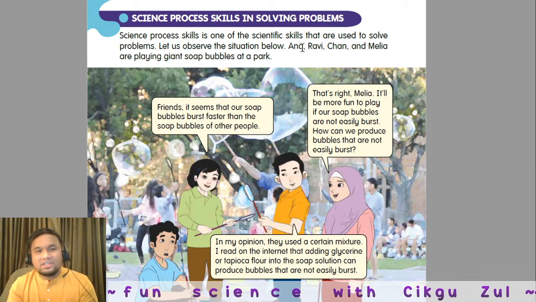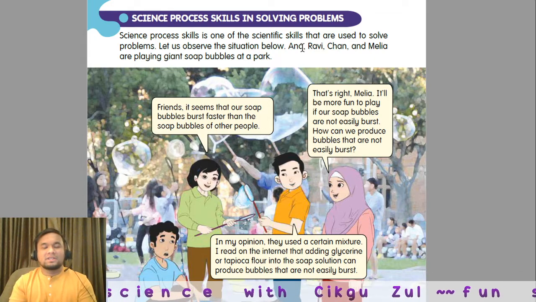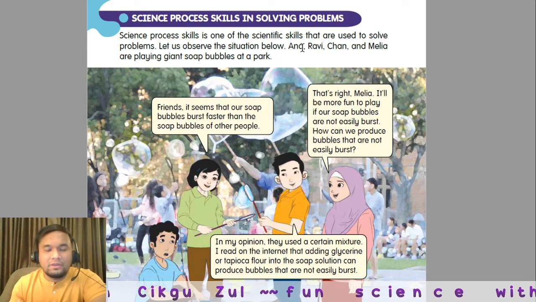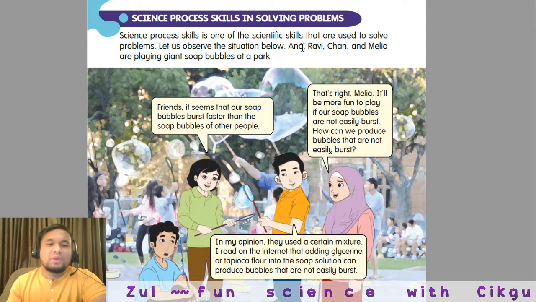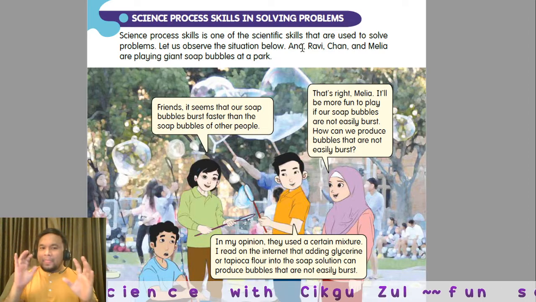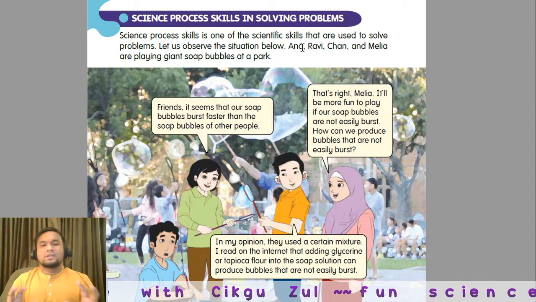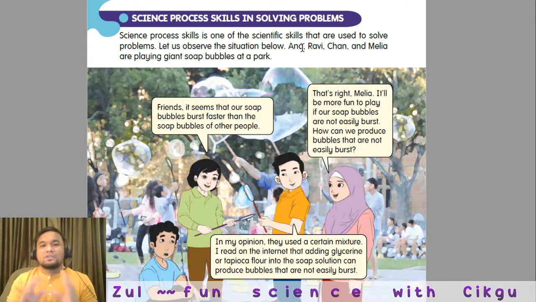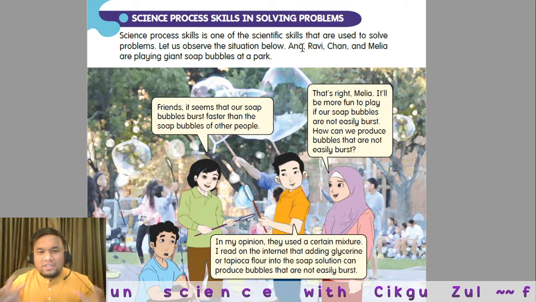Hampir-hampir scientific, science process skill, macam tu hampir saja. And one more that I think you already learned and already heard about is the science manipulative skill. Sama juga, science process skill, science manipulative skills ada di dalam scientific skills. Okay, faham? So dia macam general to more specific.